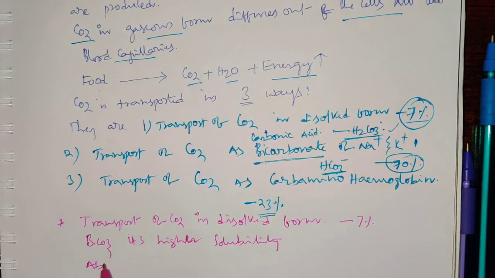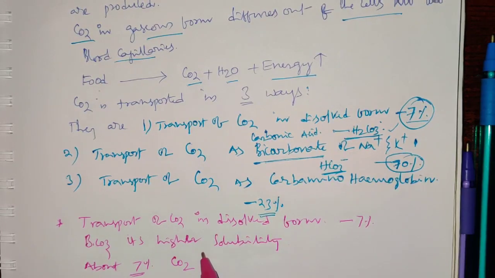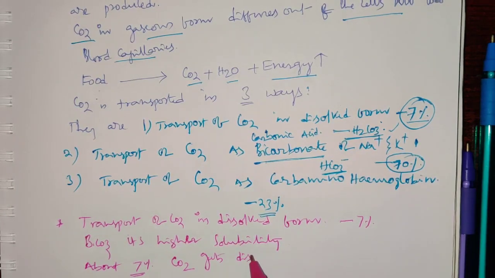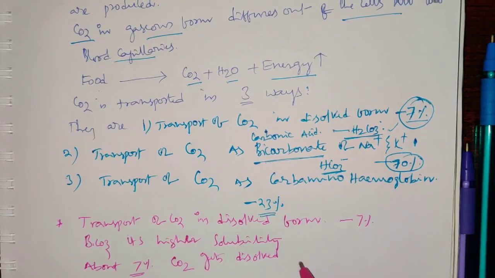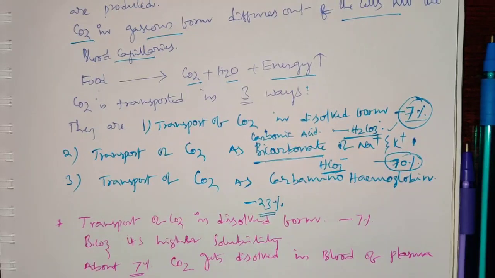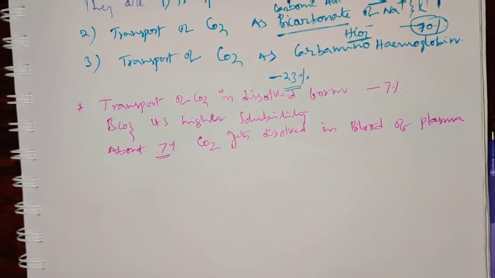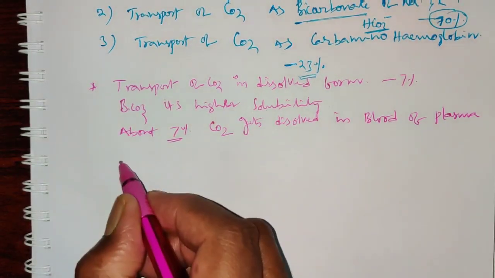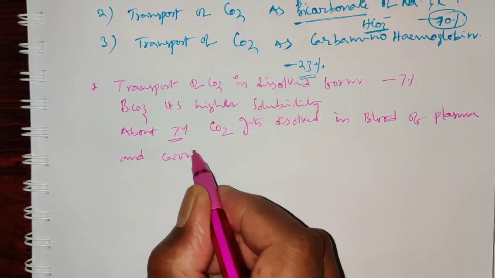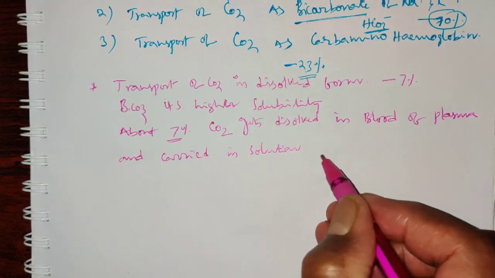About 7% of carbon dioxide gets dissolved in the blood plasma and is carried in solution to the lungs.